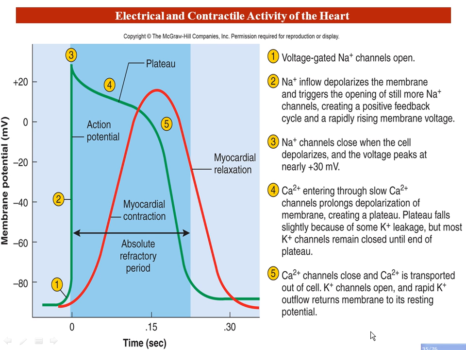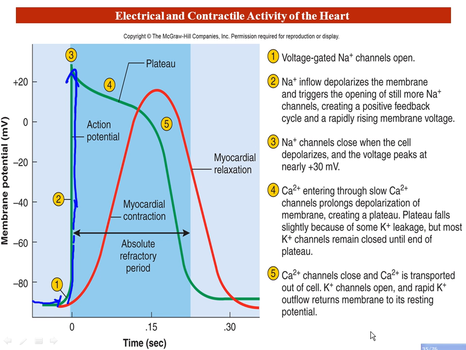First of all, we have our resting membrane potential. Okay, and once a cardiocyte generates an action potential, we have a wave of depolarization. This wave of depolarization is caused by sodium rushing into the cell, just like we saw with skeletal muscle.